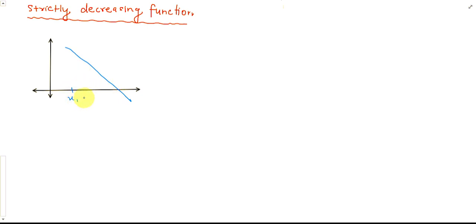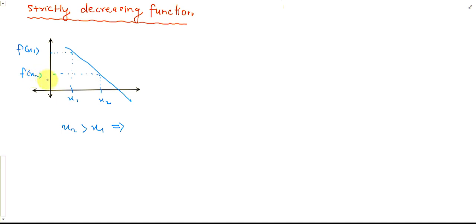Suppose this point is x1 and this point is x2, and the corresponding values on the y-axis. For x1 it is f of x1, and for x2 it is f of x2. So here x2 is greater than x1, but the value for x2 is less than the value for x1.